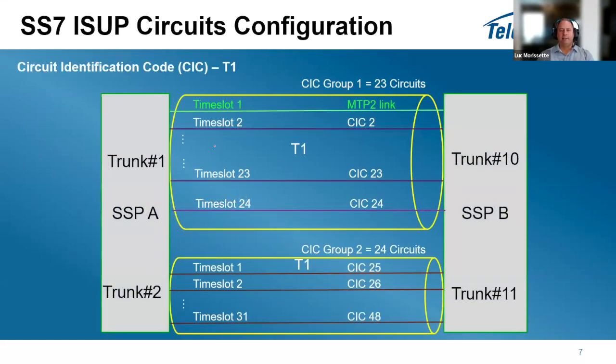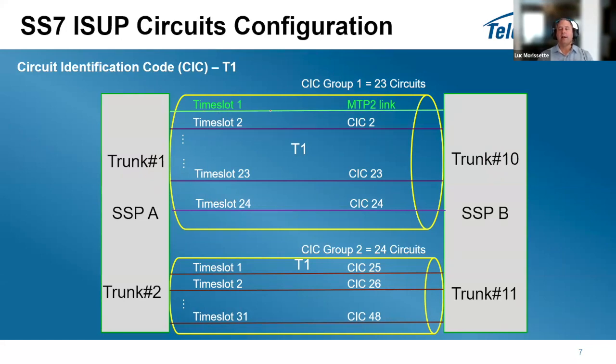So if you look at the CIC, circuit identification code, end to end, here I took the example of a T1. So the yellow box here is one T1 connected from end to end. Of course, these are two different devices. So you see here it is trunk number 1, and on the other side, it's trunk number 10. So these are references local to each of the elements at the endpoints.